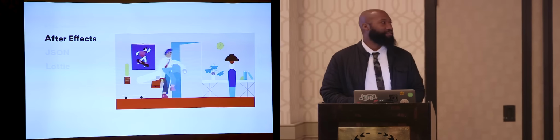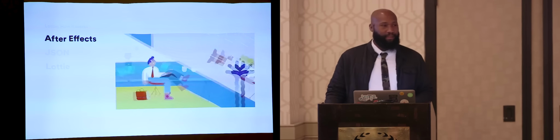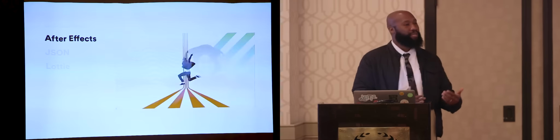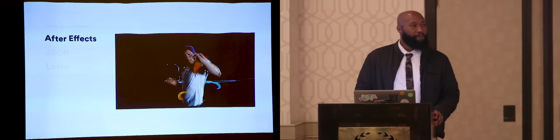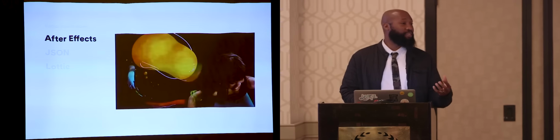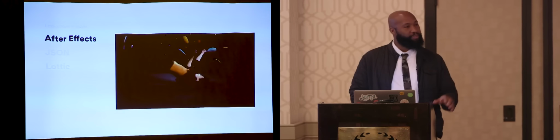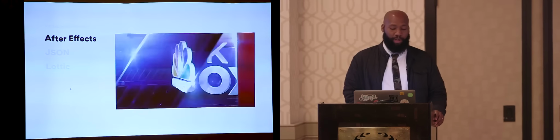It can do all kinds of complex characters with illustrations. It can do live action things where you're compositing things on top of live action footage. When you turn on your TV, I'm sure that 90% of what you're seeing that's not live action footage is done in After Effects. There are some other tools that do similar things, but After Effects is really the tool of choice for anyone who's working in television.